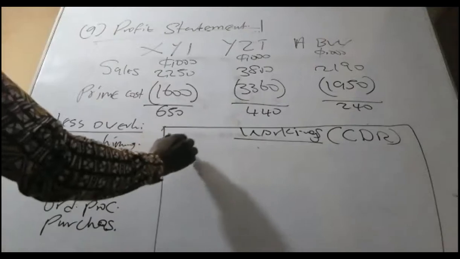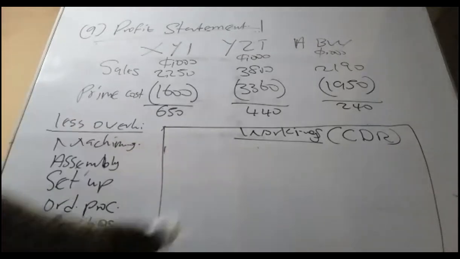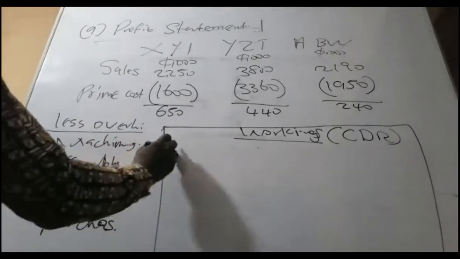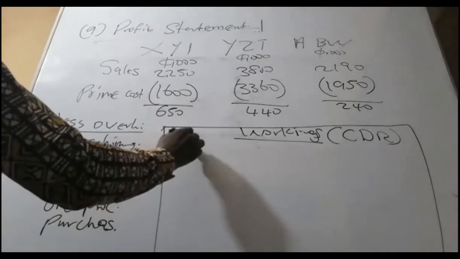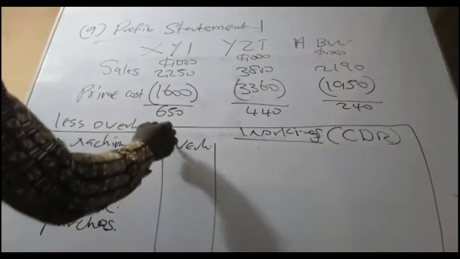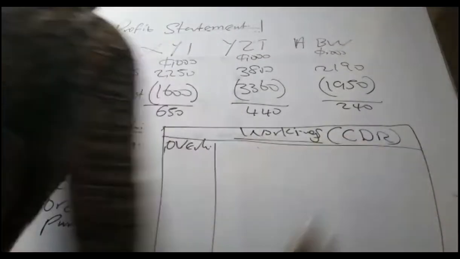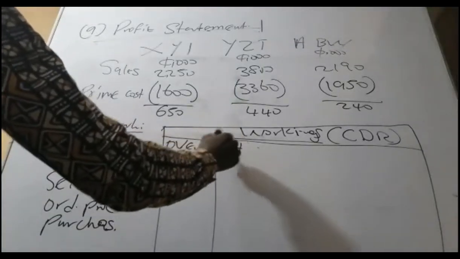First, write the overhead, then the basis or the cost driver.